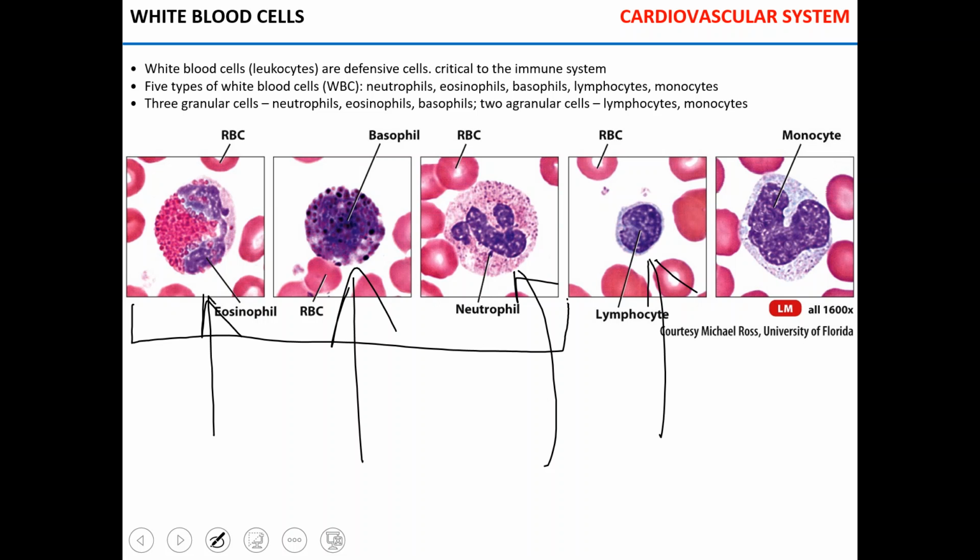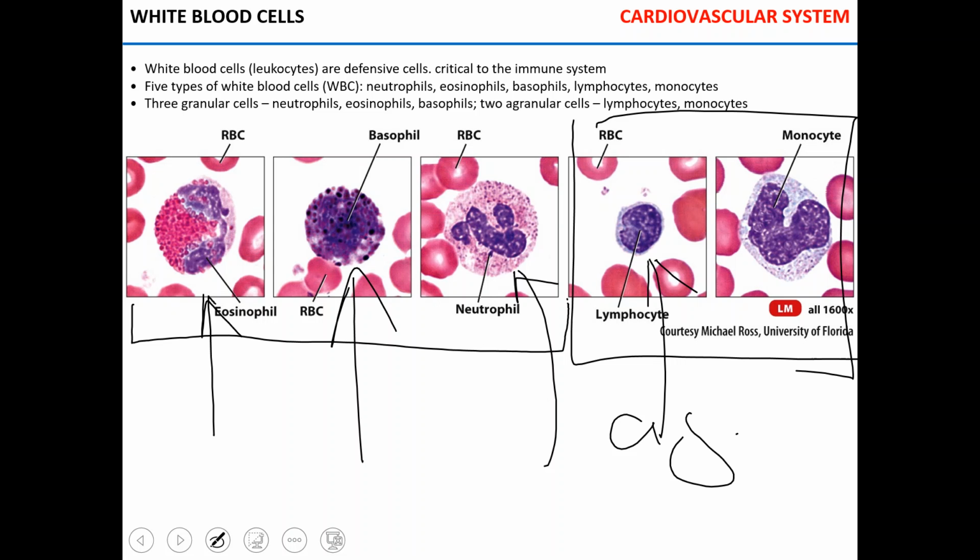Lymphocytes, and these 2 cells here are agranulocytes. So lymphocytes protect you against viruses and cancer cells, while monocytes are the main phagocytic cells in the blood. They're eaters, big eaters.